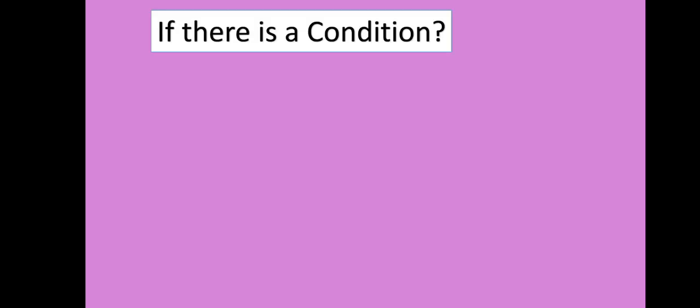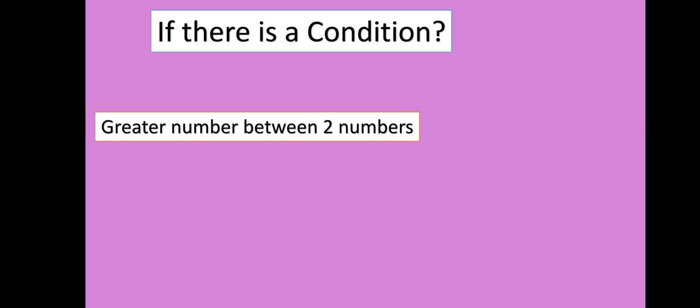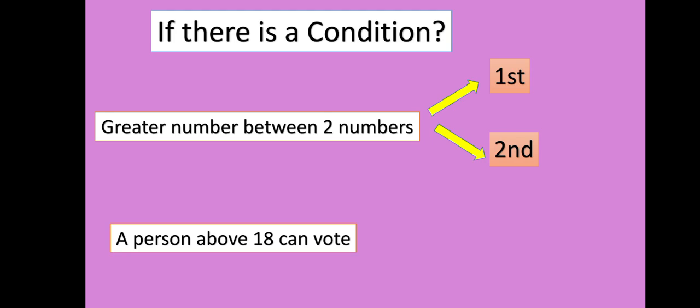Now what if there is a condition in our flowchart? We know that if there is a question or a condition, we may have multiple values associated with it. What if we have to print the greater number between two numbers? It is going to have two values: either the first number is greater or the second number is greater. Then, a person above 18 can vote.